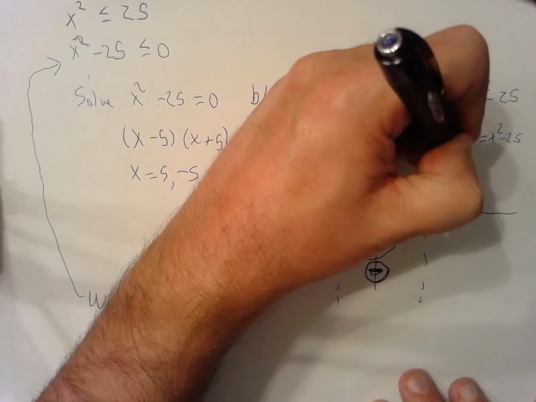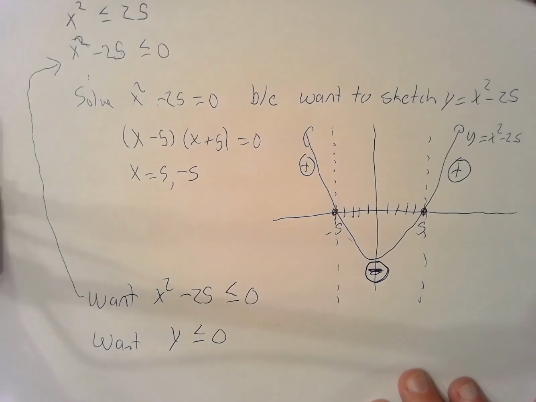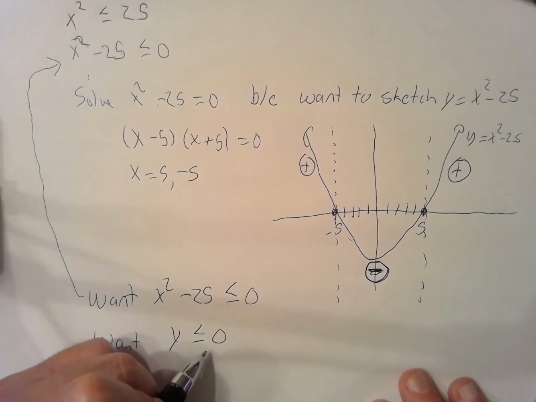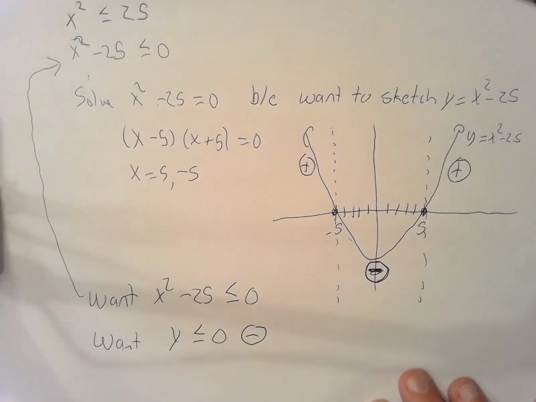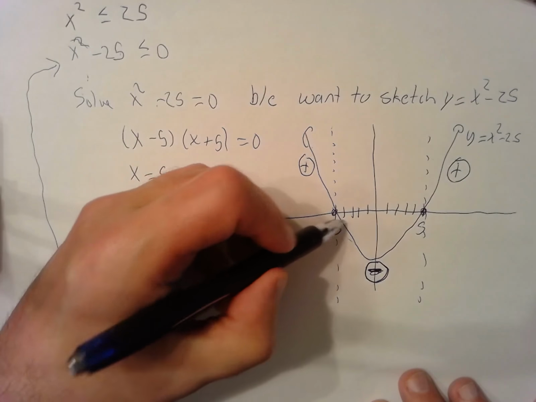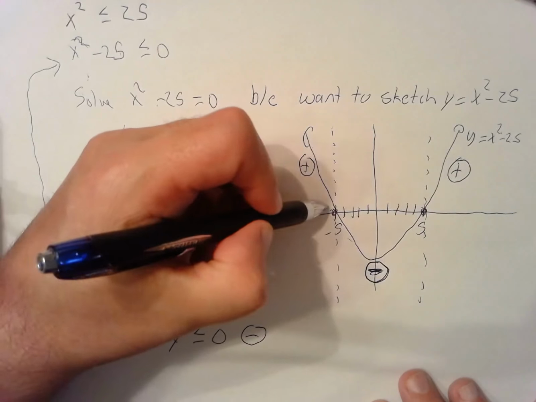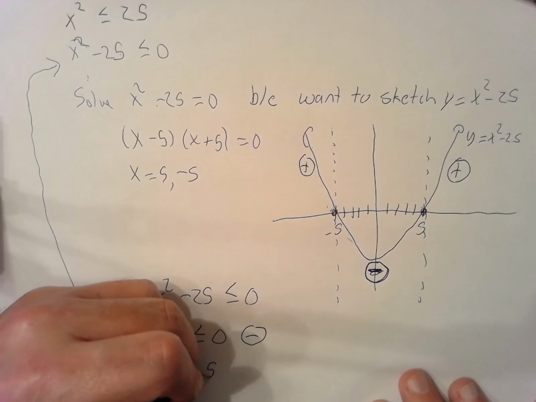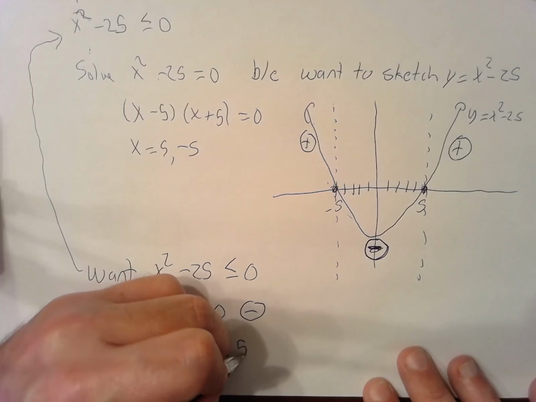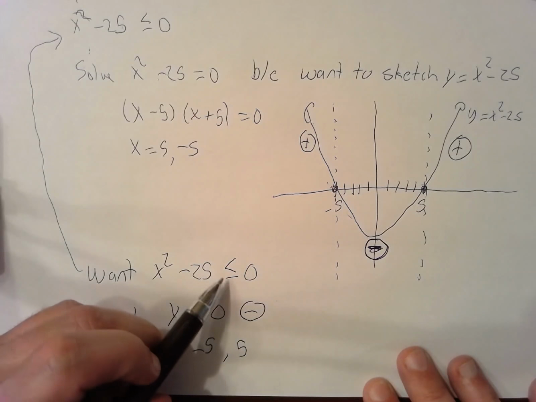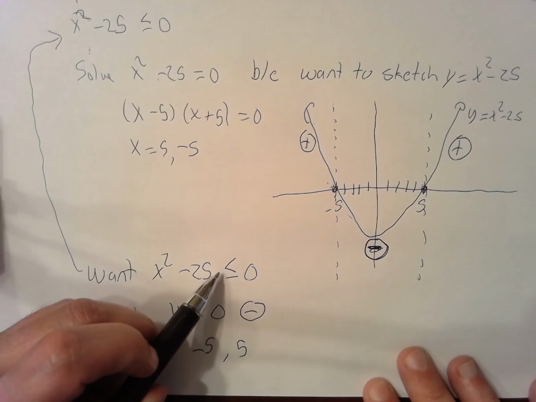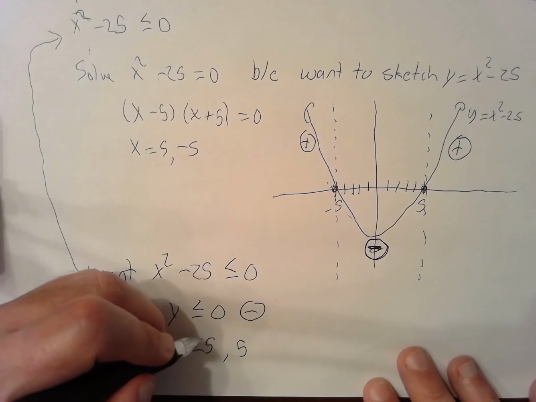And this chunk here, those are all positive y's. I want negatives. I want the negative portion. That's everything in here from negative 5 to 5. Brackets or parentheses? We have the equal to here, so we want brackets.